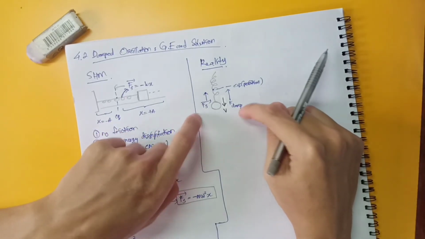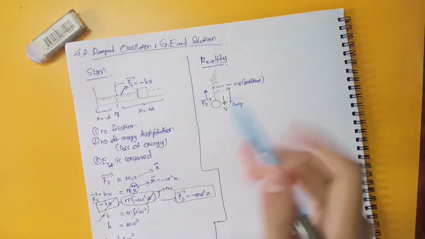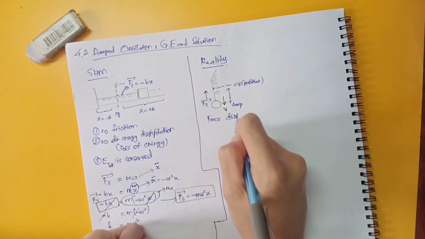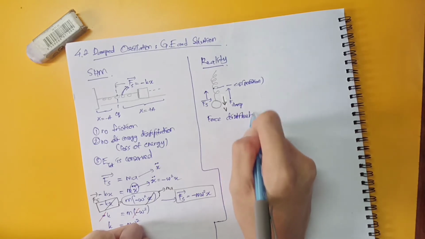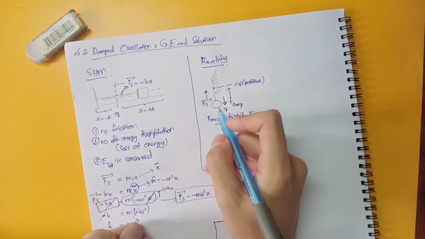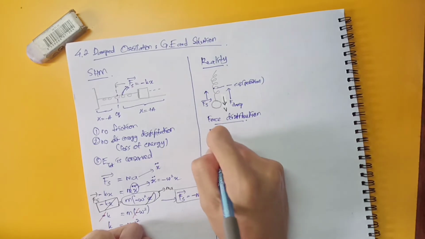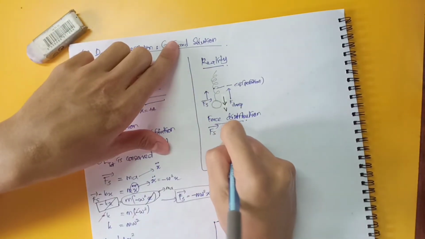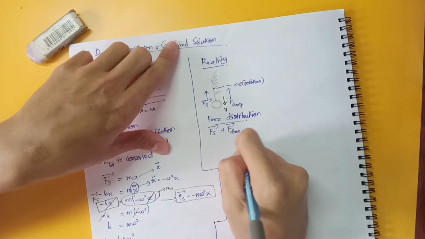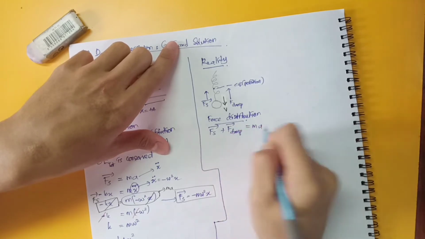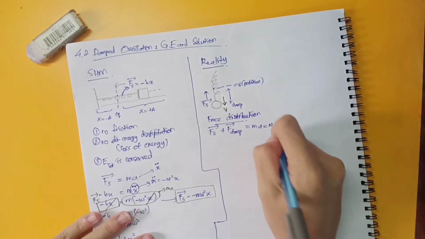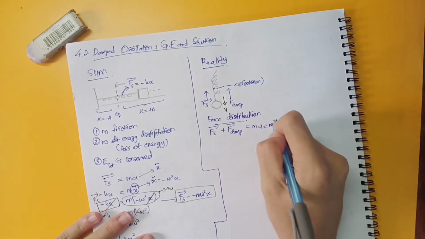Now we're going to do the force distribution of this system. The first force is Fs, and then we add Fd, which is the damping force, which is equal to Ma, from Newton's second law, and also equal to Mx double dot. Pretty simple.